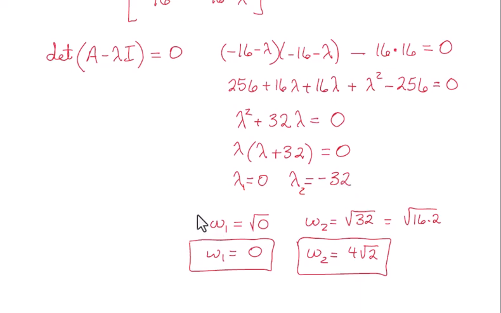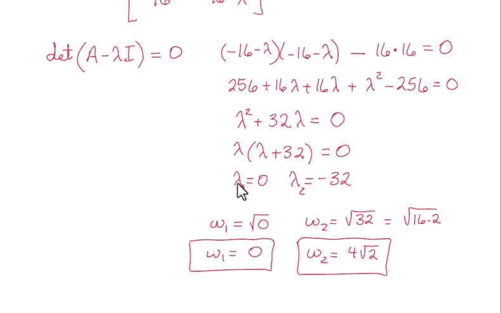The omegas are the square roots of these numbers. And so square root of 0 is 0. Square root of 32, I can split that as 16 times 2. Square root of 16 is 4. All right, so I've got my omegas.